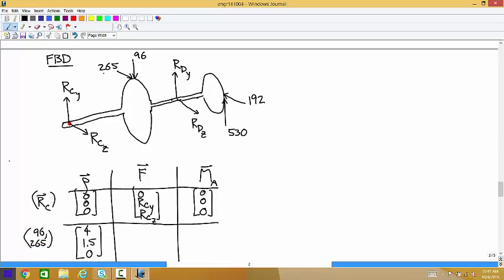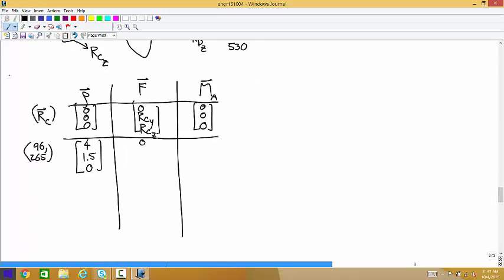And the force vector up there is 265 in the positive z direction, 96 in the negative y direction. And so the cross product, what's 1.5 times 265? 397.5.